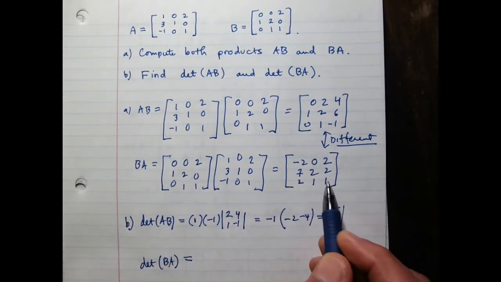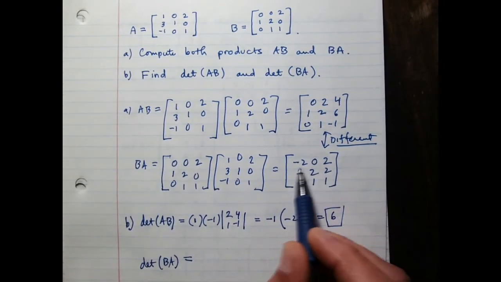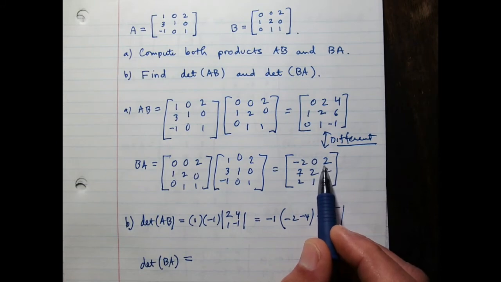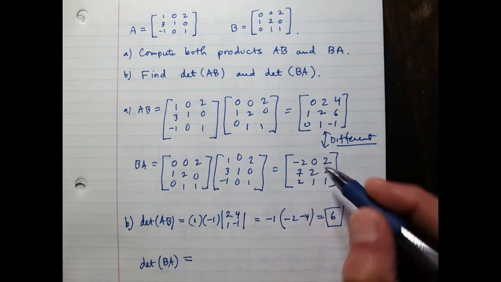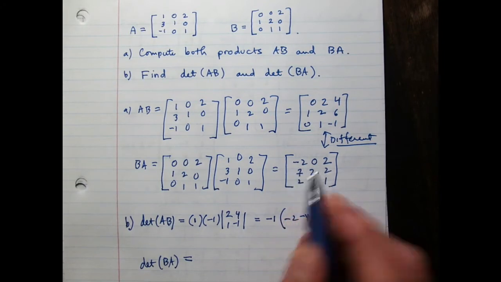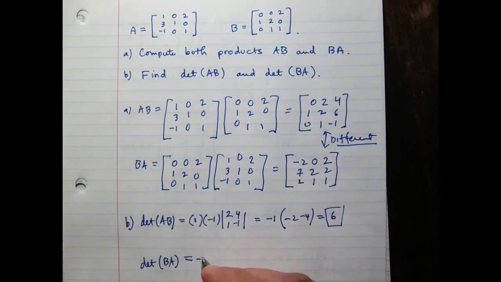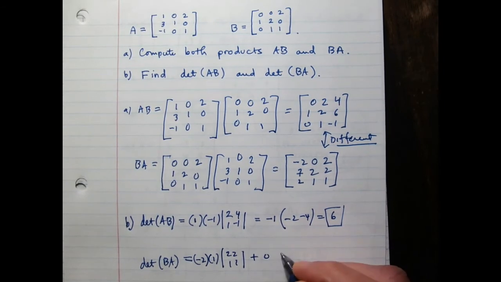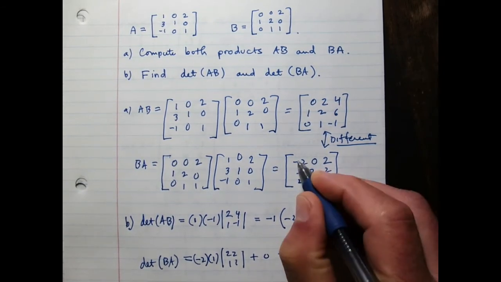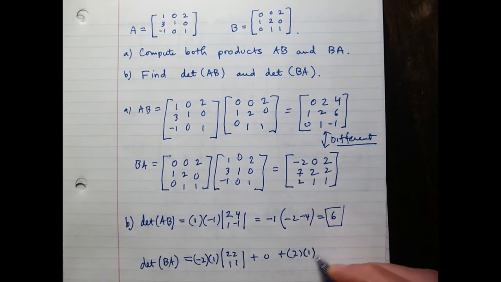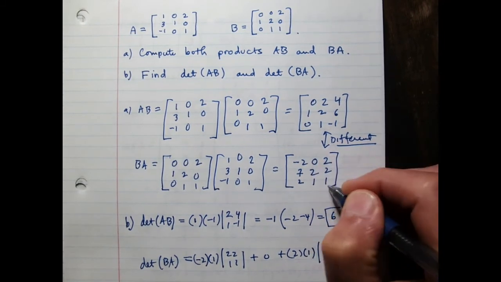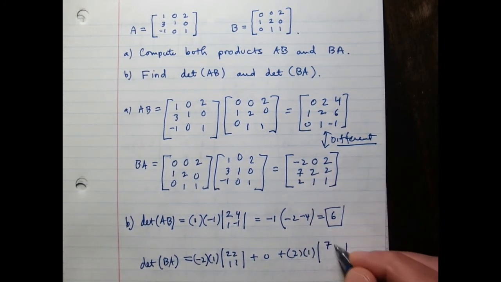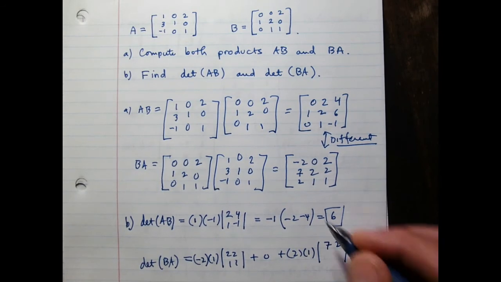The determinant of BA, I'm going to calculate from this BA matrix also. And I'm going to expand. I'm going to use that 0. Maybe I'll go across the first row. So we have negative 2 times plus 1 times a 2 by 2, 2, 2, 1, 1, plus 0, plus 2 times, so it's plus minus plus, so that'll be a plus 1. Cross out its row and column, 7, 2, what was it?